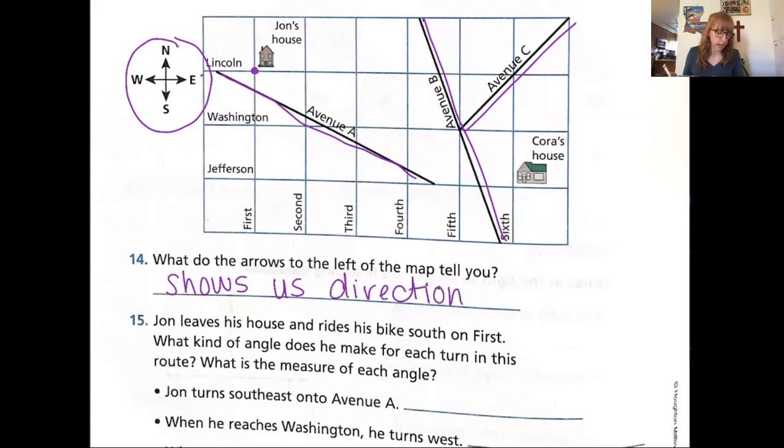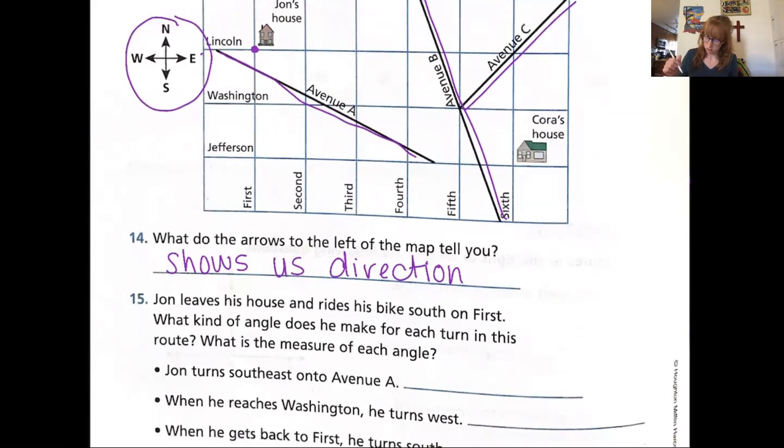Okay. Now for 15, if John leaves his house and rides his bike south on First, what kind of angle does he make for each turn in the route? So if he leaves his house and rides his bike south on First, what is the measure of each angle?